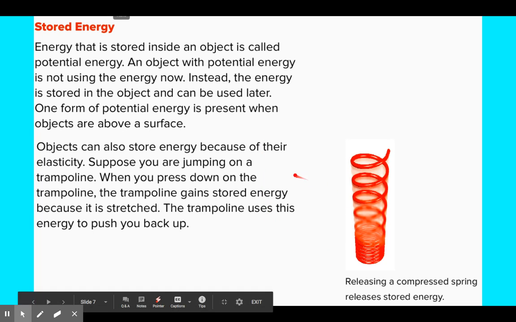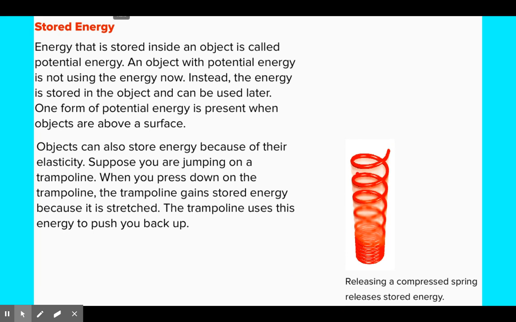So objects can also store energy because of their elasticity. Suppose you're jumping, you must have jumped on a trampoline, and when you press down on the trampoline, what happens actually? It pushes you back up. So when nobody is using the trampoline and it is at rest, that means it has stored energy, it has potential energy, and as soon as you start using that trampoline, it pushes you back up.